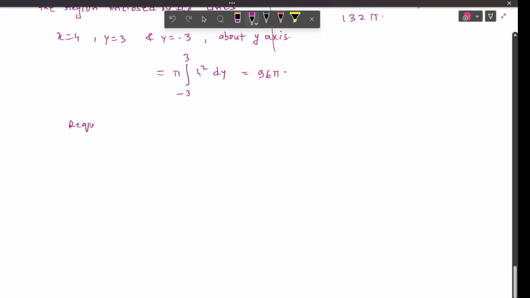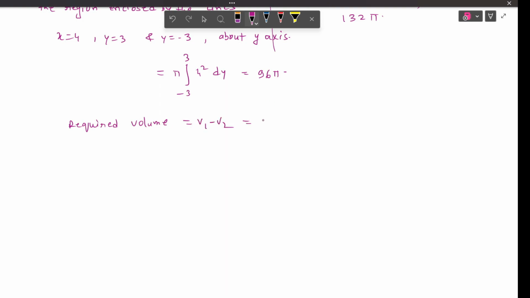So required volume would be V1 minus V2, 132 pi minus 96 pi. So this would be 36 pi. Okay.